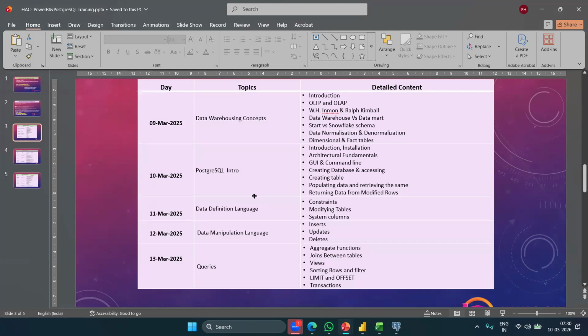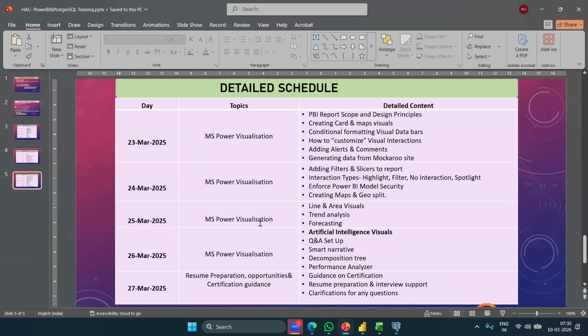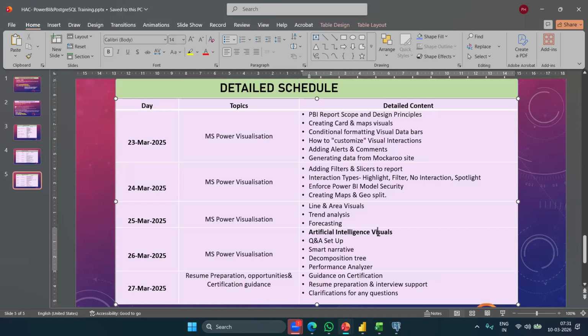The first week we would be covering PostgreSQL, and the second and third week we would be completely focusing on Power BI. And when we are coming to the end of the course, we are going to touch base on the artificial intelligence visuals, AI.